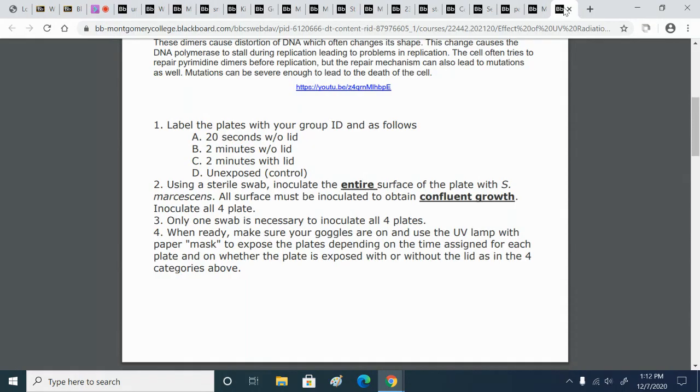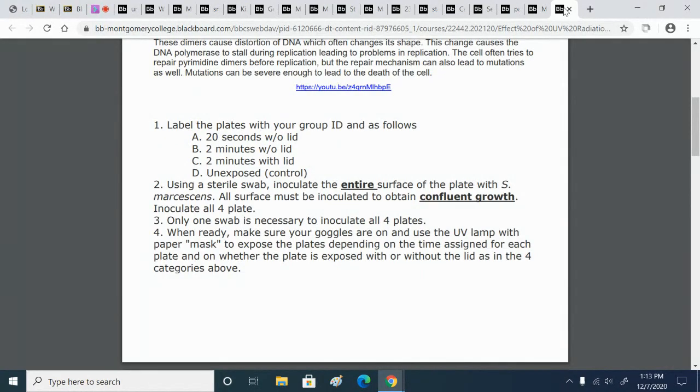The first plate was exposed for 20 seconds and the second plate for 2 minutes. The third plate was exposed for 2 minutes, but we put the plastic lid on. And the fourth plate was just a control. And we also had little paper cutouts, so that the UV would only go through the opening of the cutout.